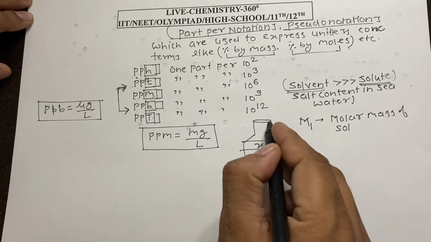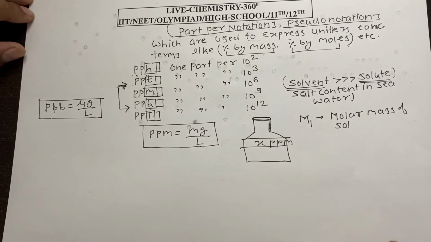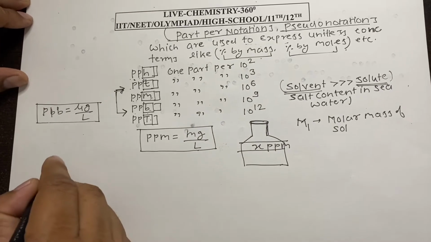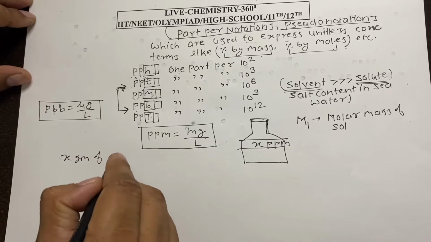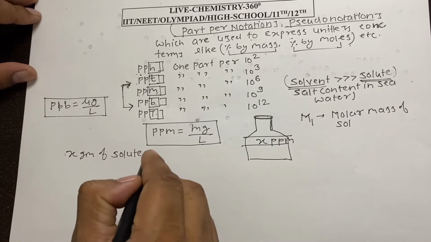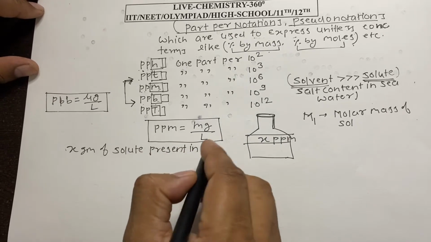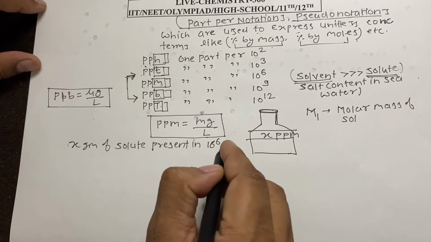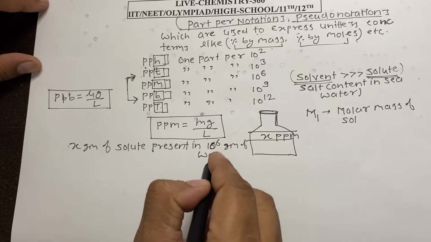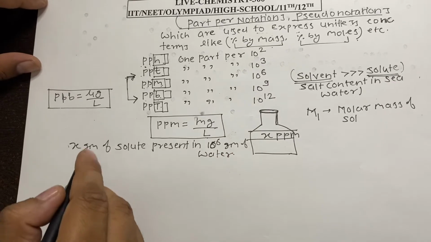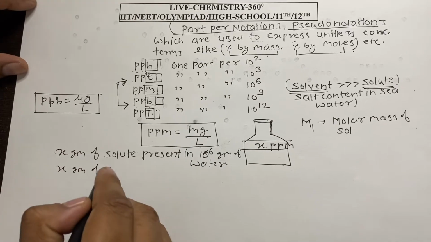Suppose this is a bottle labeled as x ppm. How can we decode this? We can say x gram of solute is present in 10 to the power 6 gram of water or solvent.